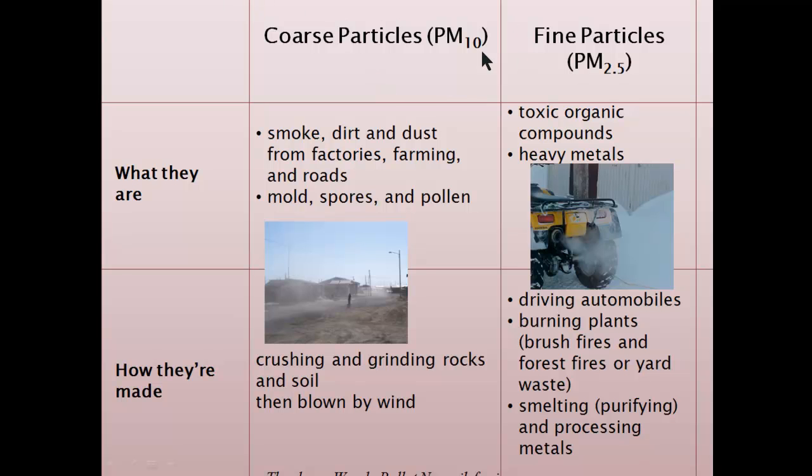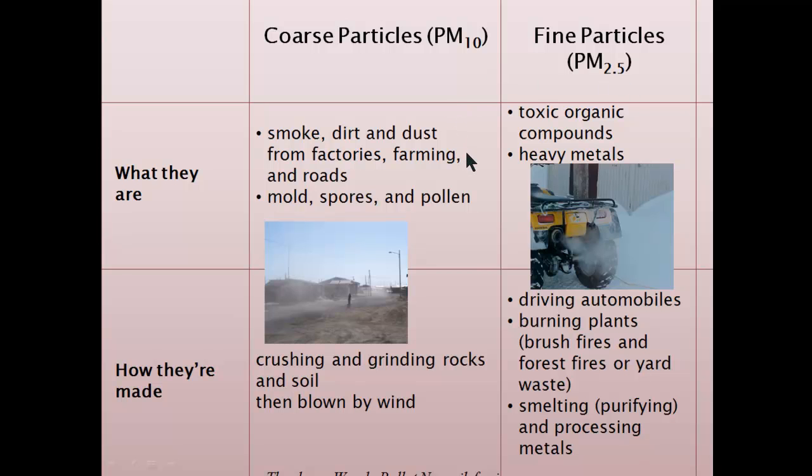So the two categories are called PM10, or particulate matter that is 10 microns and smaller. And that includes this other category of PM2.5, which is particulate matter that's 4 times smaller than PM10. So PM10 includes PM2.5. PM2.5 is really small.